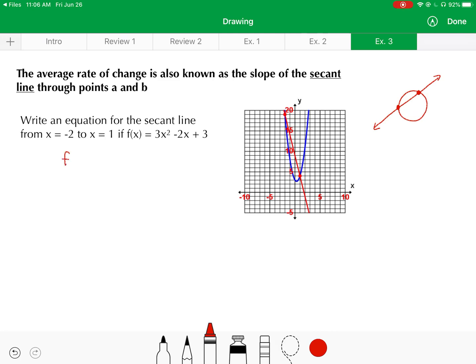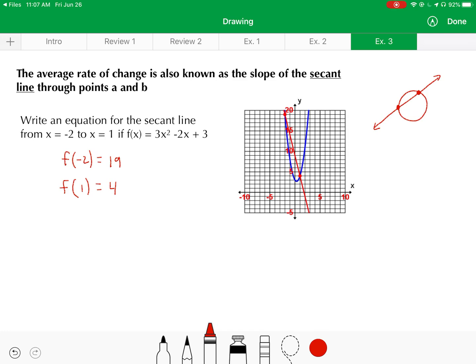So let's find f of -2 as well as f of 1. Now I'm going to cheat here since I have the graph already in front of me. It looks like f of -2 should result in 19 for my y value. So I'm noticing the secant line is passing through the point (-2, 19). And then f of 1 should be 4. The secant line is also passing through (1, 4).